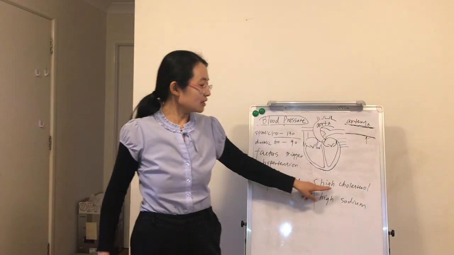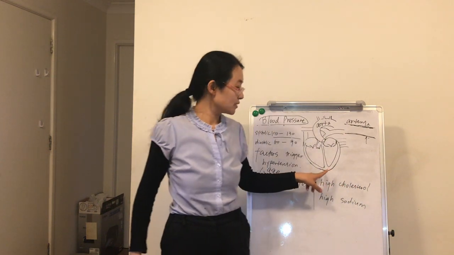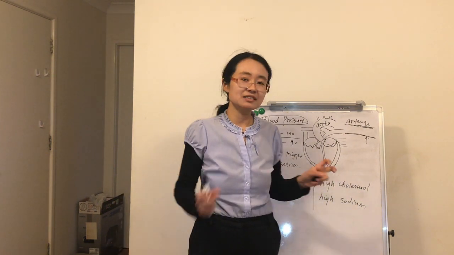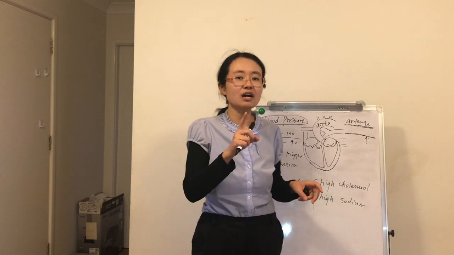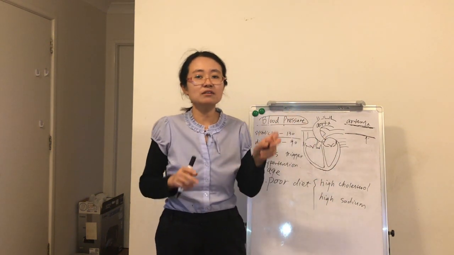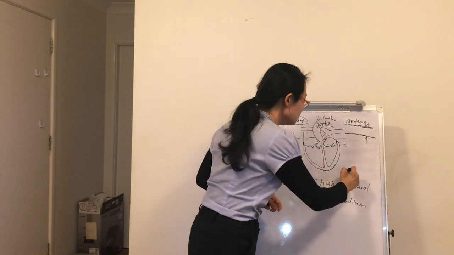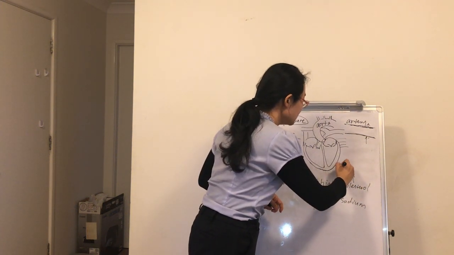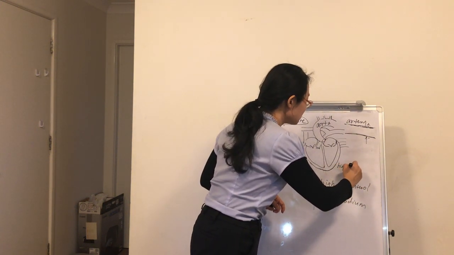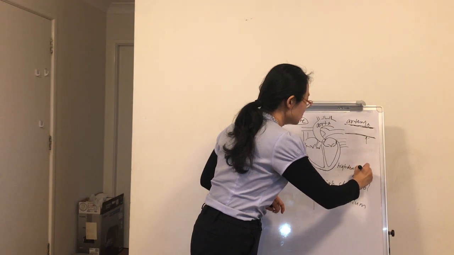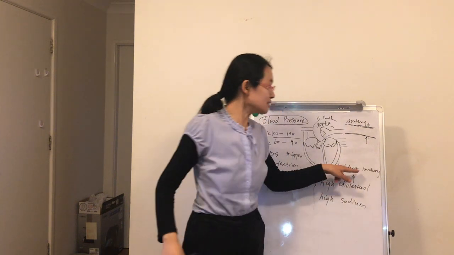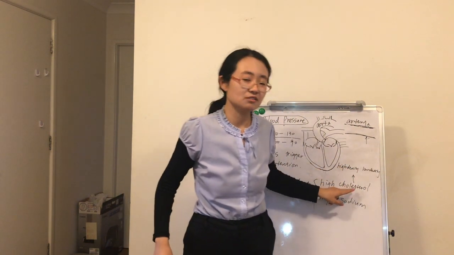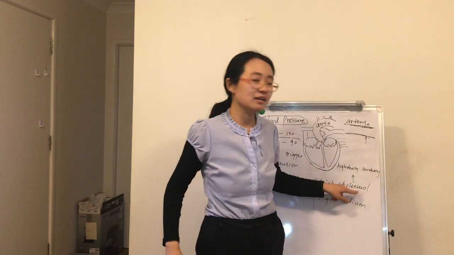So, high cholesterol. Cholesterol is a fatty substance that exists inside your blood. We have two types of cholesterol. One is called high density cholesterol, and one is called low density cholesterol. High density cholesterol is a good cholesterol, and low density cholesterol is bad cholesterol.